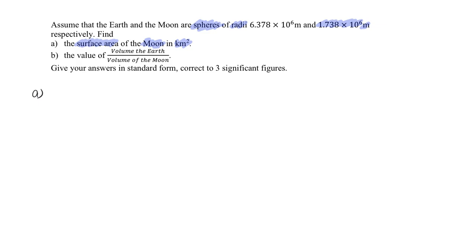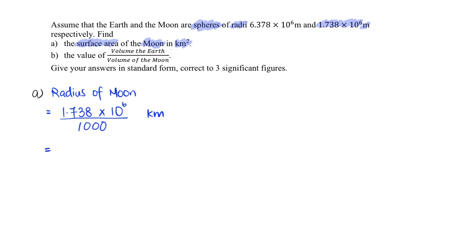So for the very first part, for part A, I'm going to express the radius of the moon in kilometer. So the conversion from meter to kilometer would be to divide by 1000, and this will be in kilometer.